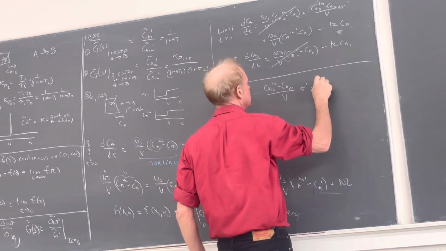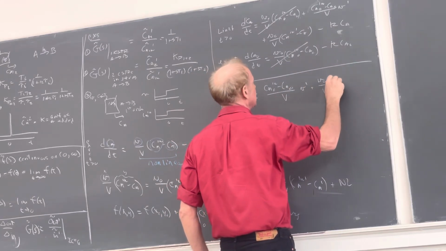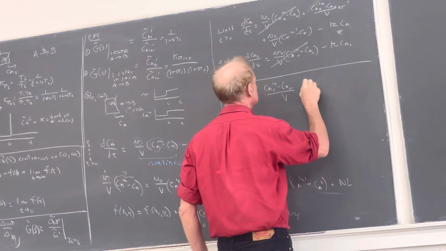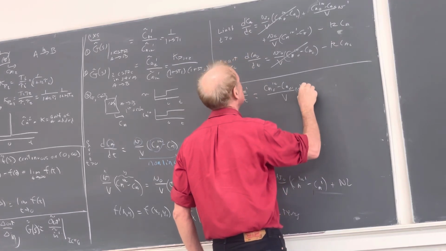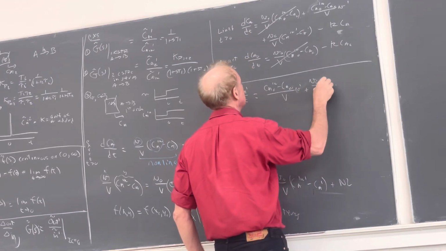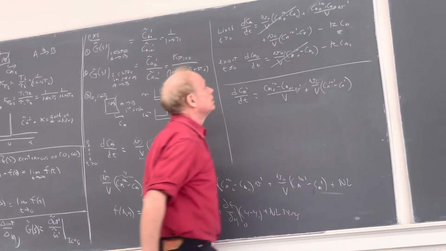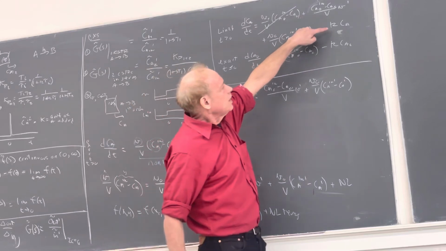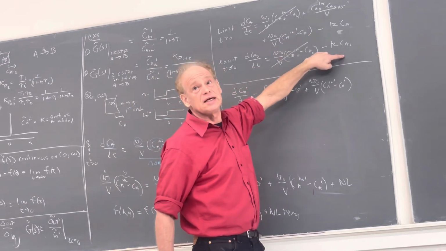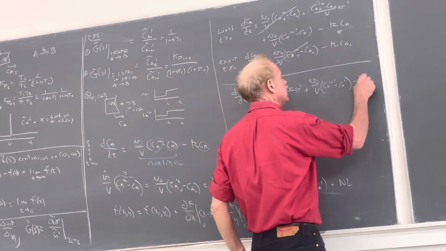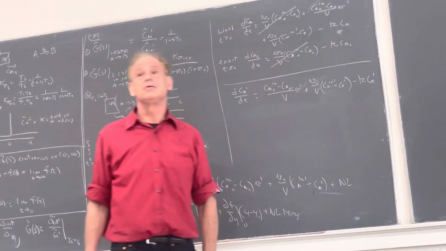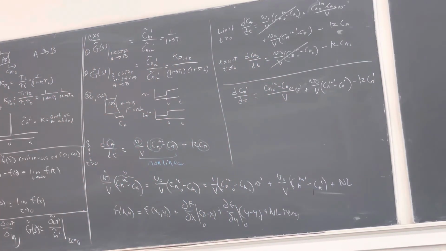That comes down. Here I have v0 over V times ca in prime minus ca prime. That came down. And now I have k ca and k ca 0, that's just minus k ca prime. Clear? Just following the same steps I always do.